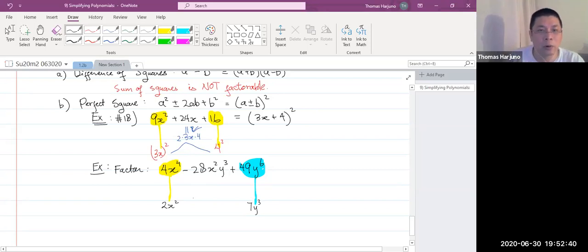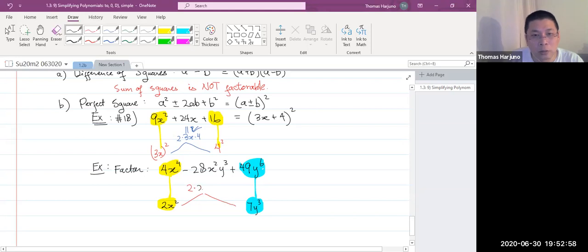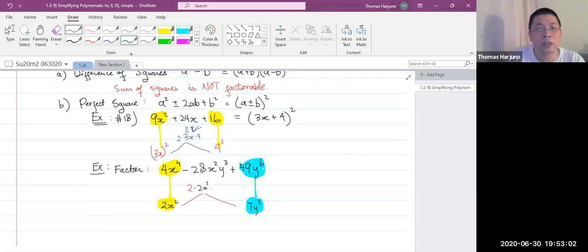Now take the product and multiply by 2. So 2 times 2x squared times 7y cubed.